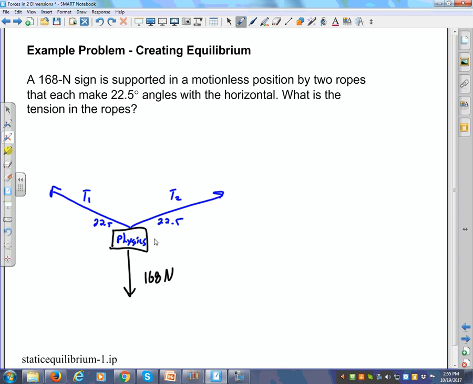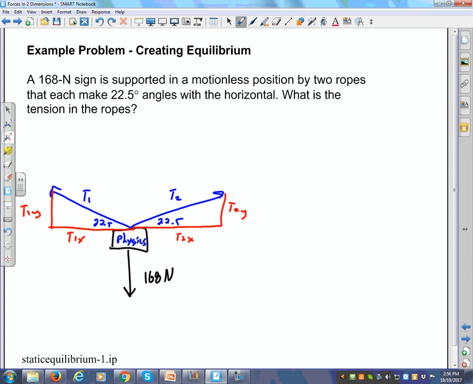Okay, so let's draw this. Let's draw the components. I'm going to go red for the components. So this is going to be T1y, and this is going to be T2y. This would be T1x. This would be T2x. What can you tell me about T1x and T2x? They're equal and opposite, right? Because this sign is not moving horizontally, nor is it moving vertically.